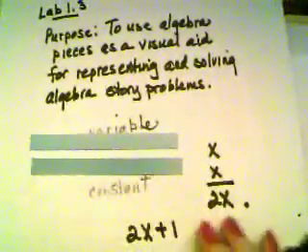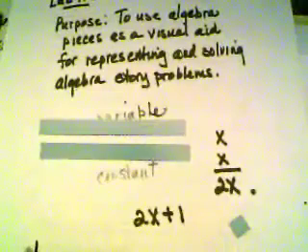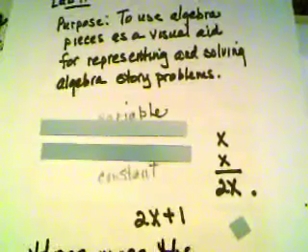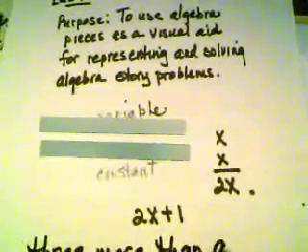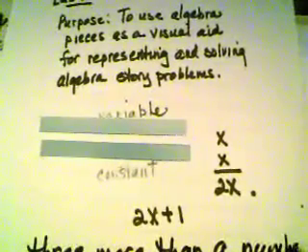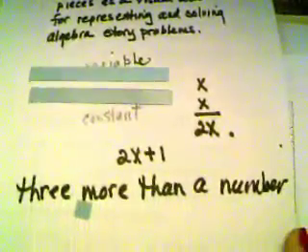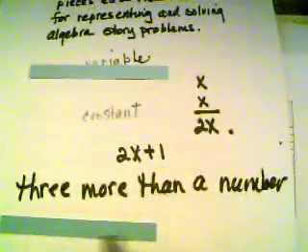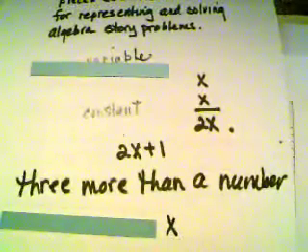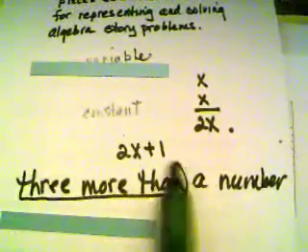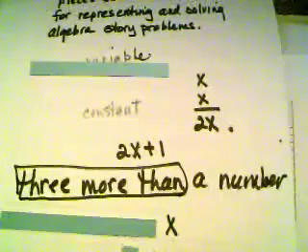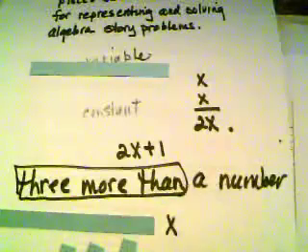If you have a statement that says 3 more than a number, if I let this strip x be the number, 3 more than x would represent 3 units and the variable.